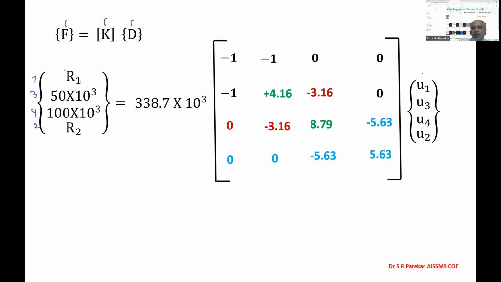At 1, we have U1. At 3, U3. U4 at 4. And U2 at 2. But 1 and 2 are at fixed support. So at fixed support, my displacement is 0. So we have U1 0, U2 0. So we will just remove these parts.